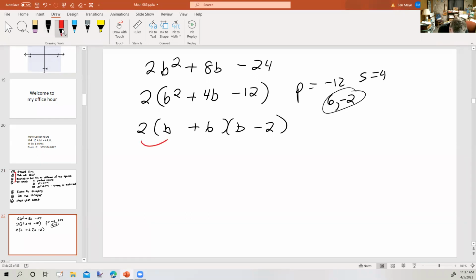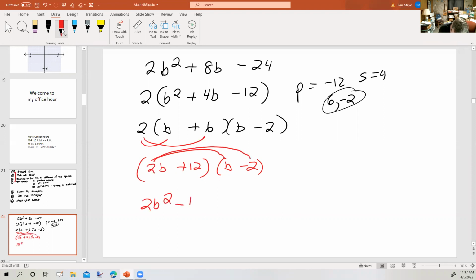So let's see, we've got 2 times (b plus 6) times (b -2), which is 2b squared minus 4b plus 12b minus 24.